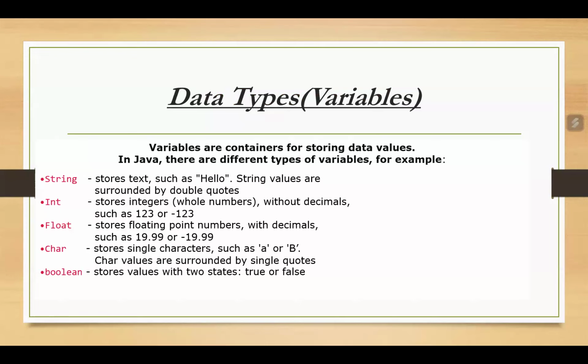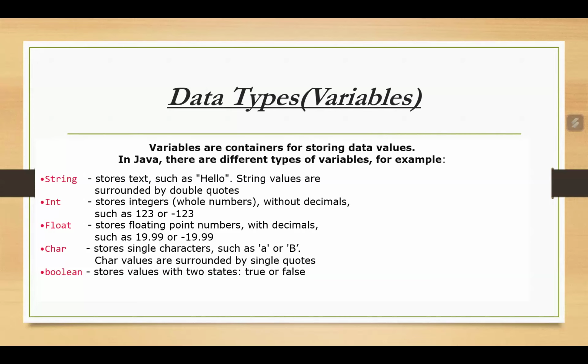In Java, there are a lot of types of variables. For example, String. String stores text data, and it is surrounded by double quotes. After that, int is for integers or numbers, 0, 1, 2, 3, without decimals. For decimals, we have float, which can be used for decimals.